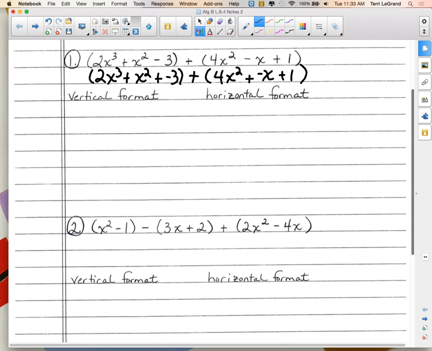Now tell me, in the cubic trinomial, if it's cubic, if it's a degree 3 and it has every term it could possibly have, how many terms would it have?